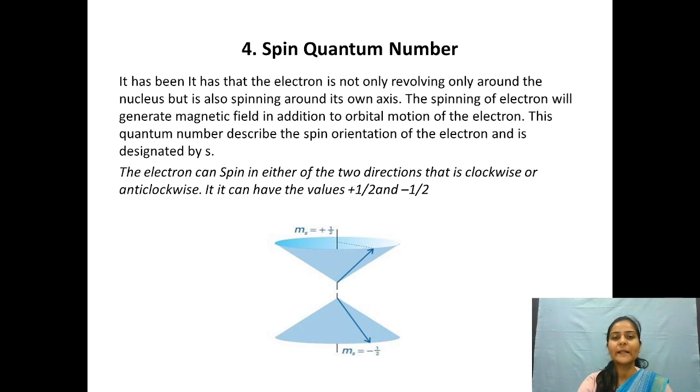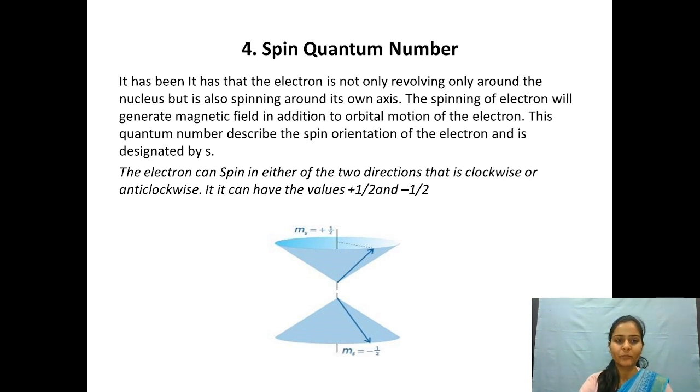Similarly, the electron is revolving around the nucleus as well as spinning on its own axis. This spinning of the electron will generate a magnetic field in addition to the orbital motion of the electron. So we can say the electron has two kinds of motions. The first one is orbital motion, that is due to the rotation of the electron around the nucleus. And the second is the spin motion, that is due to the spinning of the electron on its own axis.